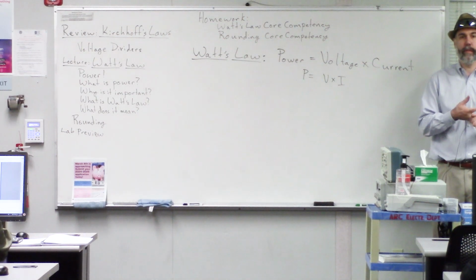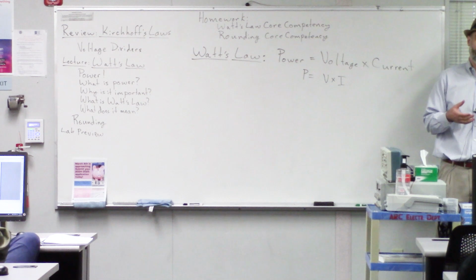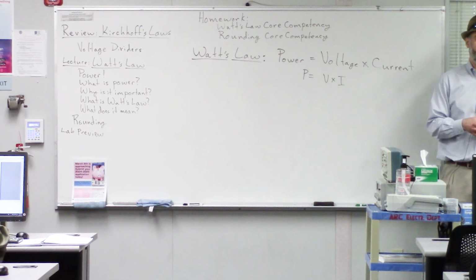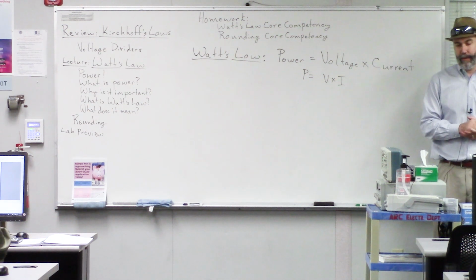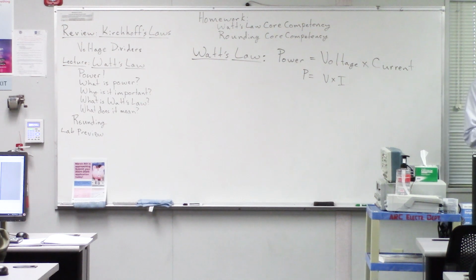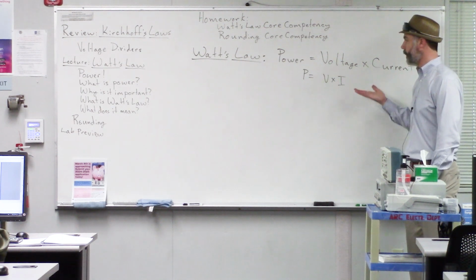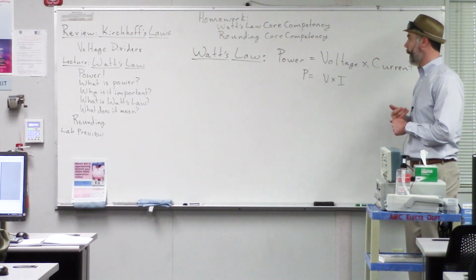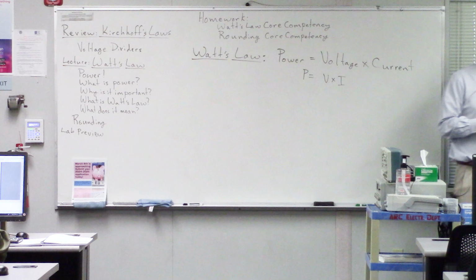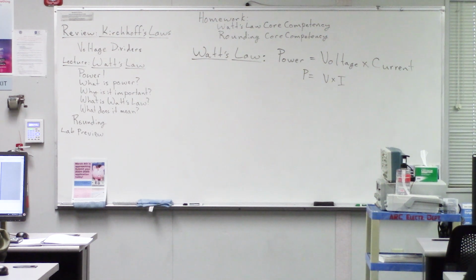It's wasteful. It can even be dangerous, right? If your circuit gets really hot, it could actually burn you. That happens. If you plug in a component backwards, that can heat up and you can get seriously burned. So it's important to be able to look at a circuit and know how much power that circuit is going to use, whether it's for useful things or just heat waste. Okay.